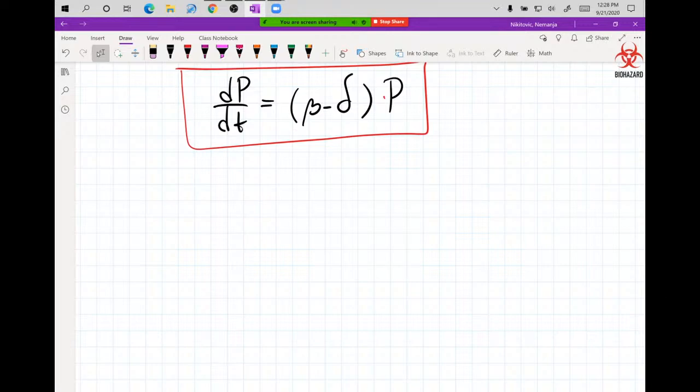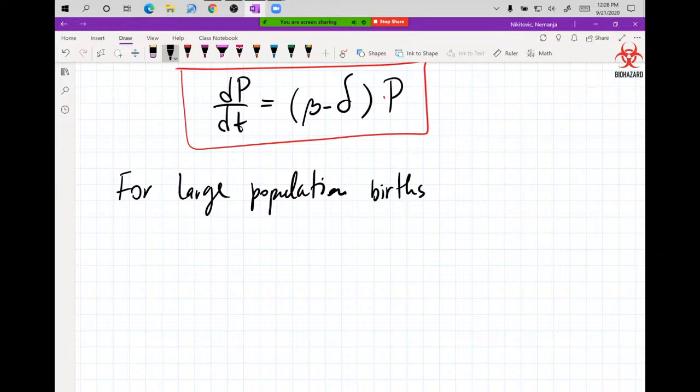The observed birth rate decline is linear. So for large population, births fall off linearly.